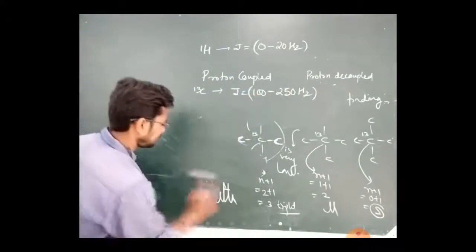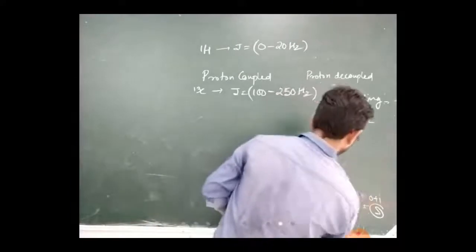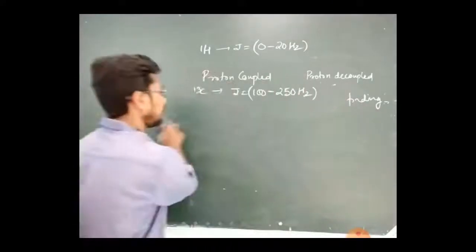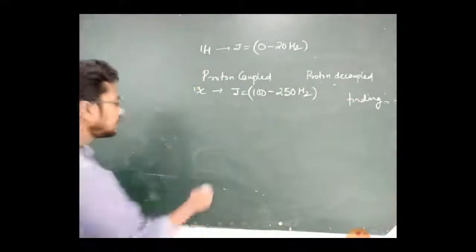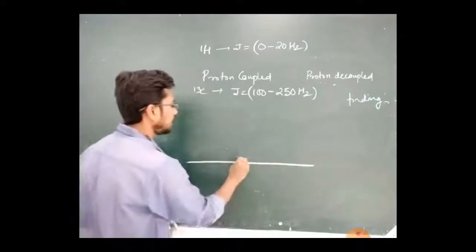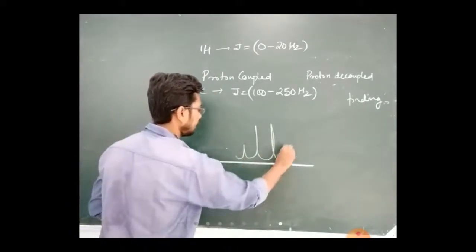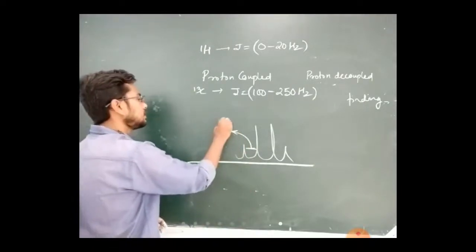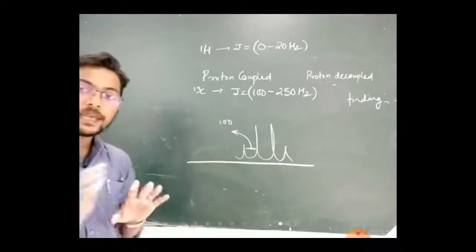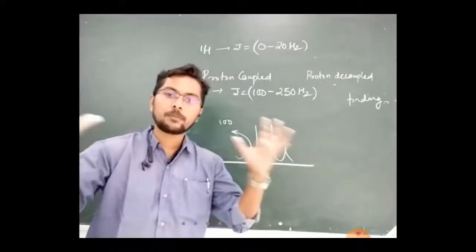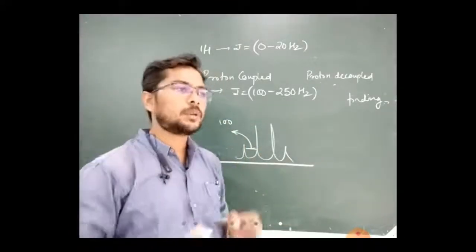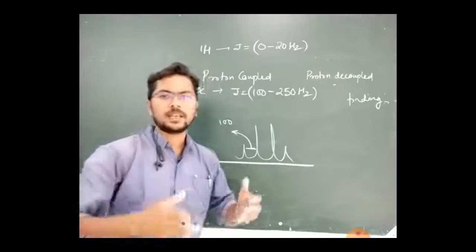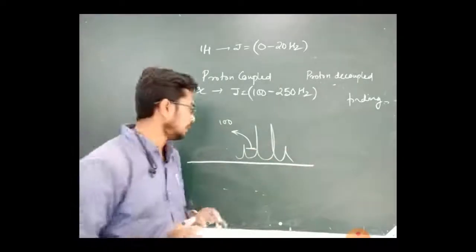That means in your carbon 13 spectra, if you are getting a quartet here, this value will be, in some cases, a minimum of 100 and a maximum of 250, depending upon the interaction of the carbon with the hydrogen nuclei and the external factors involved.